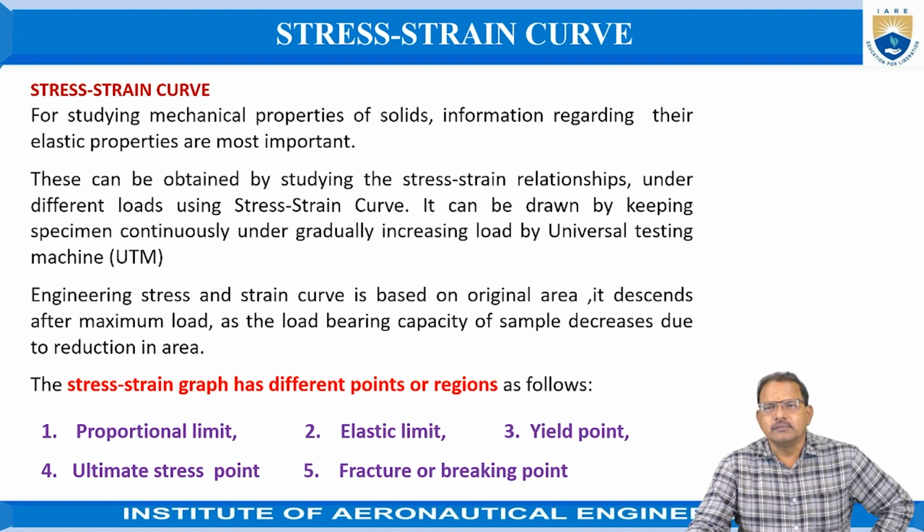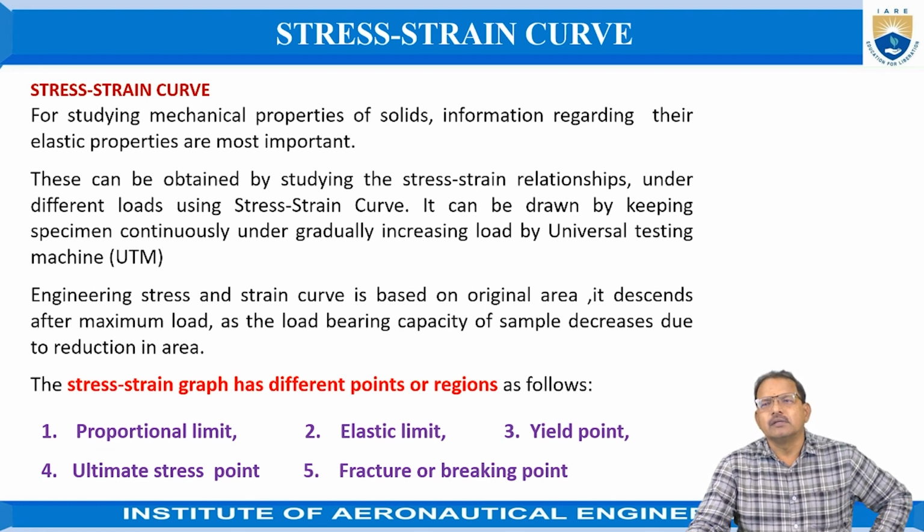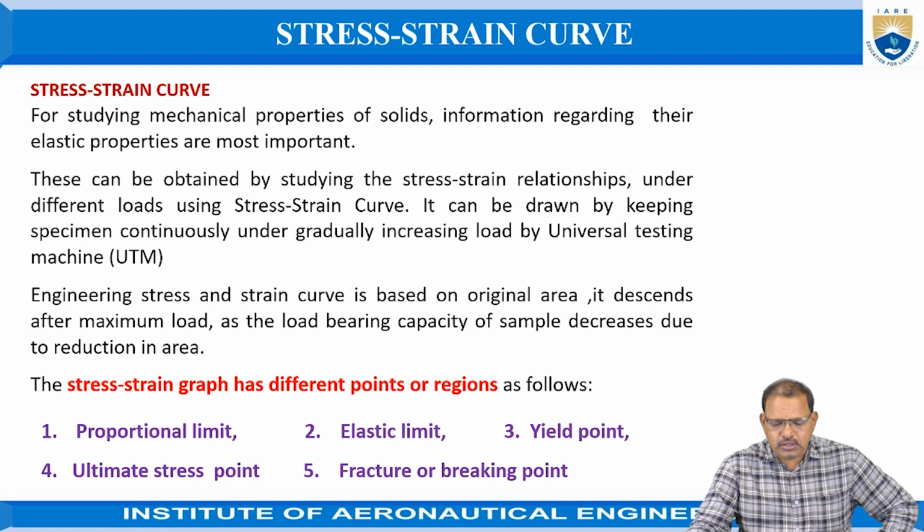This can be obtained by studying the stress strain relations under different loads using the stress strain curve. It can be done using universal testing machines by applying gradually increasing load.